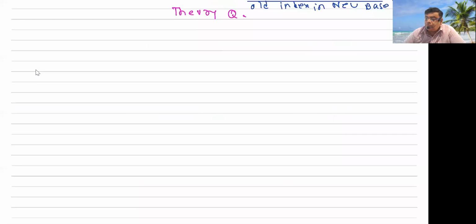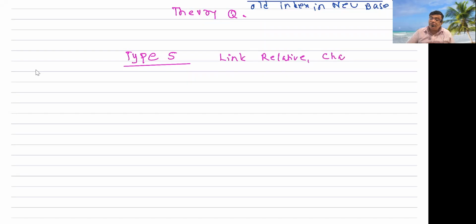Then I come to the type number 5. देखो तुम मेरी तरफ. I come to the type number 5 and this is link relative, and the concept of chain based index.